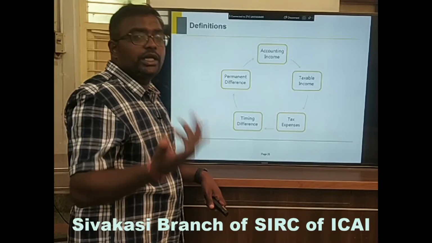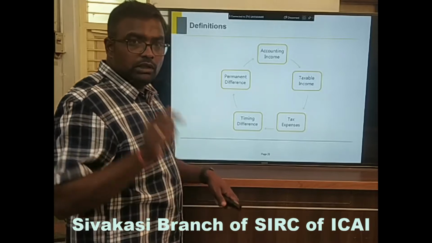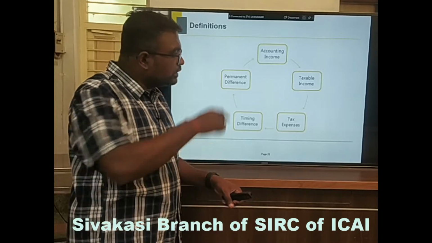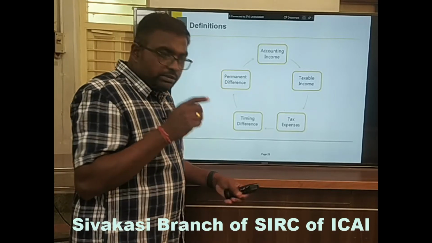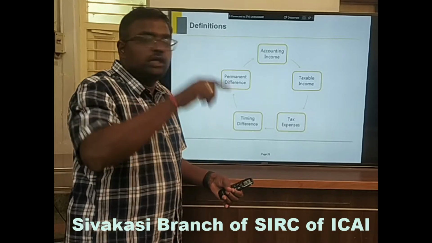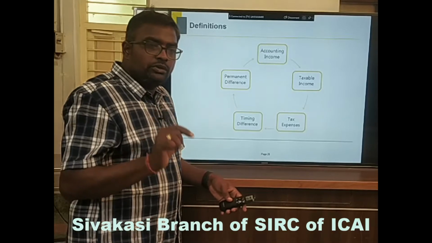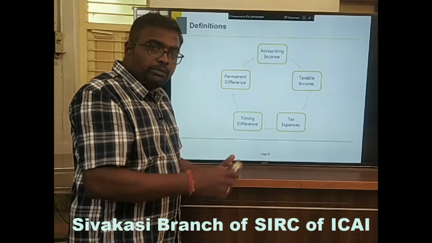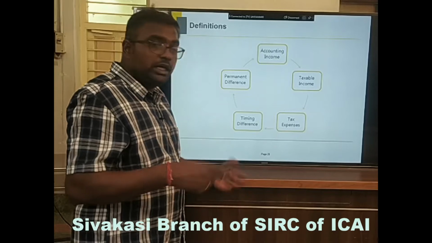When you create deferred tax income, you have already paid the tax. Example, bonus: it is disallowed under income tax, so your expense is not recognized and your profit under income tax will be more than what you disclosed in the books. You are going to pay more tax. Instead of paying 50 rupees tax, you are supposed to pay 100 rupees tax.